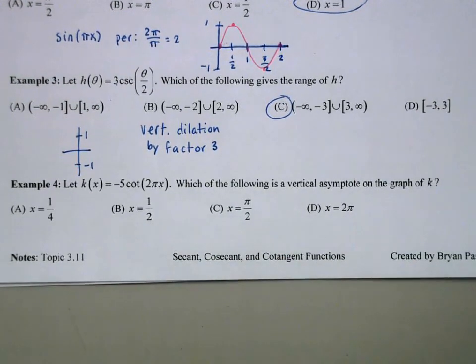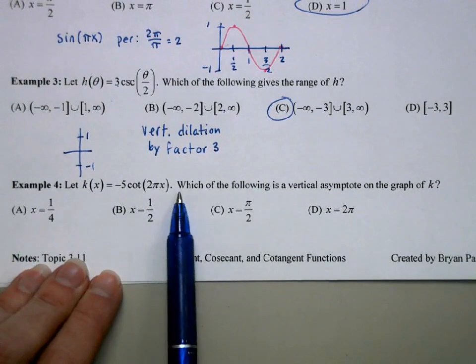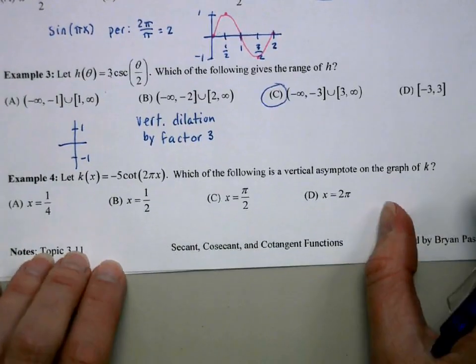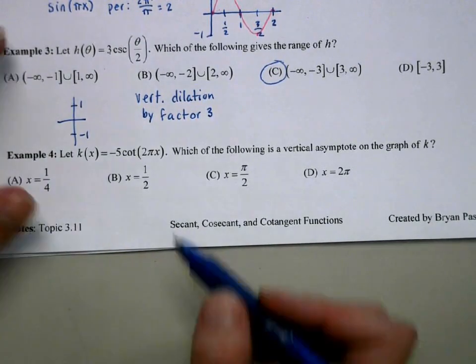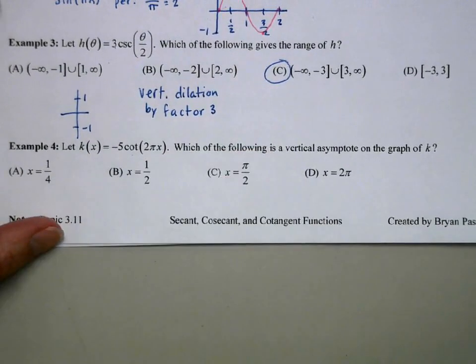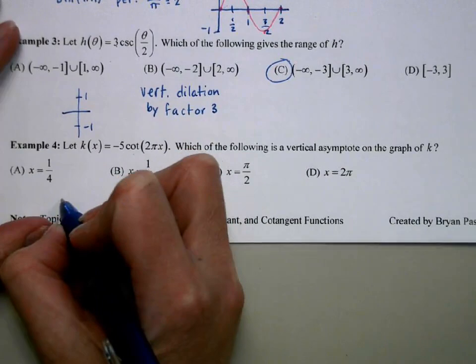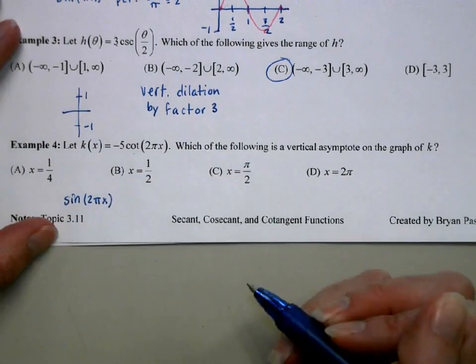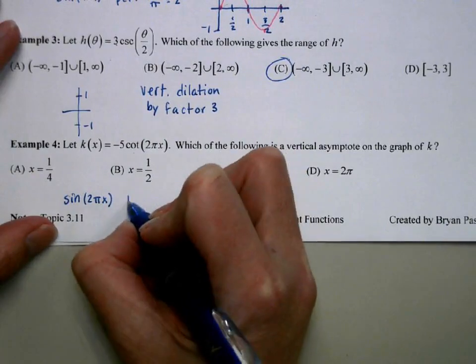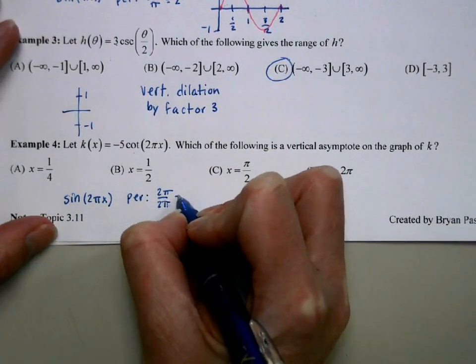Okay, last one. We've got this guy. Where's our vertical asymptote? So cotangent, again, is the reciprocal of tangent. Tangent is sine over cosine, so cotangent is cosine over sine. So this is going to have vertical asymptotes when sine 2 pi x is equal to 0. So I'll go ahead and graph it again. I get a period of 1.